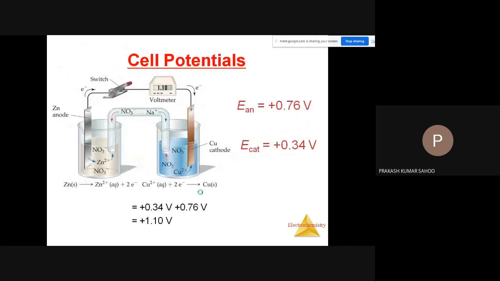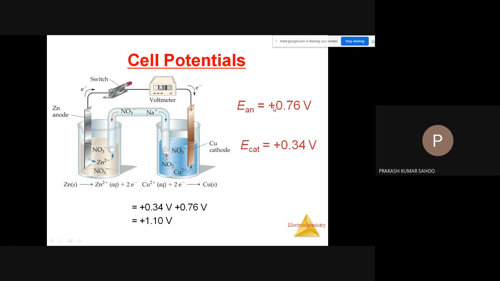So what will be the reaction? This is the oxidation part, this is the reduction part. The value written here is wrongly written. This is minus 0.76. Here it is the electrode potential of anode.